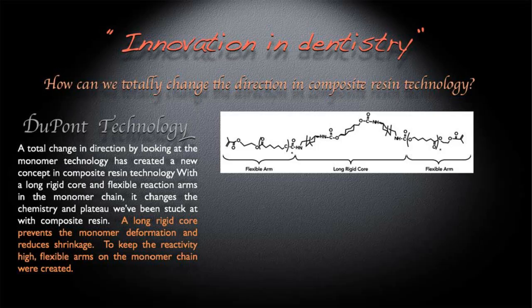And so by having this type of monomer chain along with the flexible, what we call reactive arms, we are able to then correct some of the issues as it relates to shrinkage stress, but also be able to have a material that really is non-sticky, and you're able to then sculpt it in such a way that it's not fighting you.